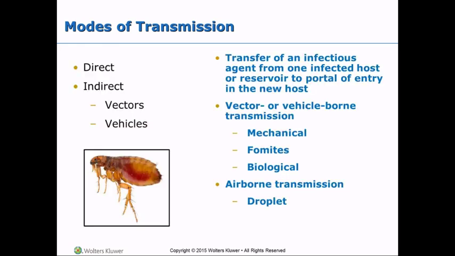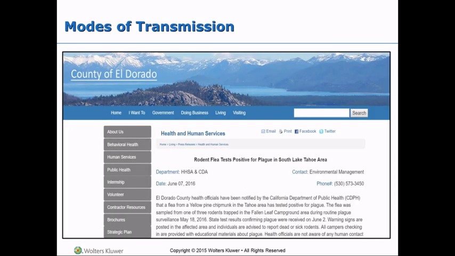Biological vector-borne transmission occurs when an agent multiplies in a living organism, and now that organism transmits the agent to a new host through a bite. Fleas are examples of biological vector-borne transmission modes, as fleas carry the bubonic plague. Did you think that plague had disappeared from our population?